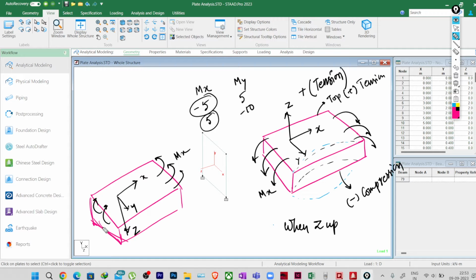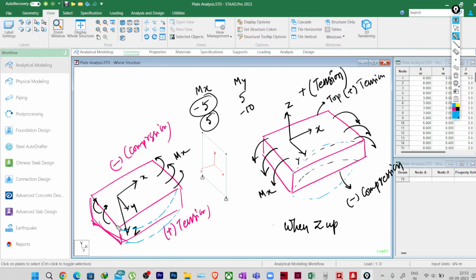now if the bending direction is like this, then what will happen? Plus when tension and minus when compression. Suppose we have a load which is making the plate bend in the downward direction. So suppose the plate is bending like this.